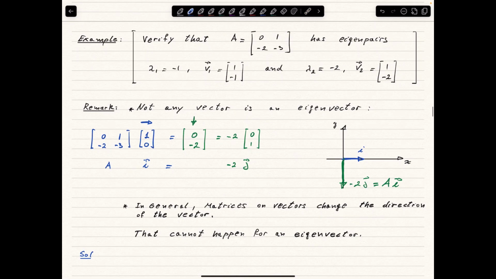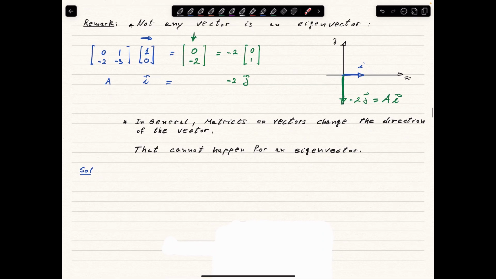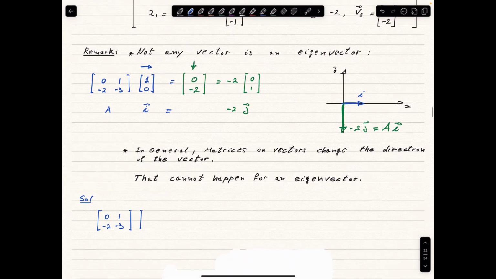Let's verify. Recall what we need to do in this problem is verify that this vector is an eigenvector of the matrix and this is the eigenvalue. So the matrix acting on the vector is the matrix 0, 1, negative 2, negative 3, and we want to act on the vector 1, negative 1. Recall that what we are doing here is nothing more than A acting on the vector v1.